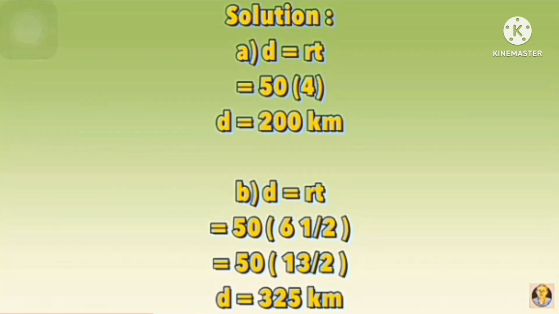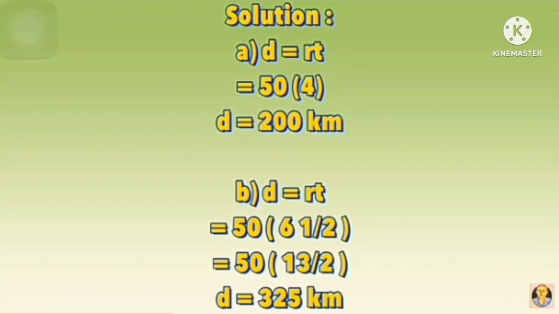Okay, we will use our solution. We will use D equals RT for letter A. The given rate is 50 kilometers per hour. Then we are going to multiply by time, which is 4 hours in letter A. 50 times 4 becomes 200 kilometers, the distance covered in letter A. For letter B, we use the same formula.